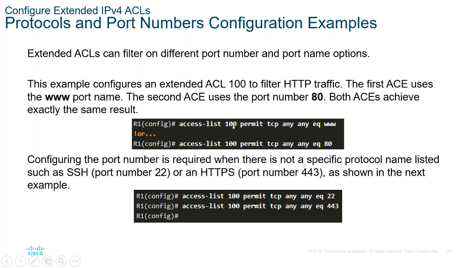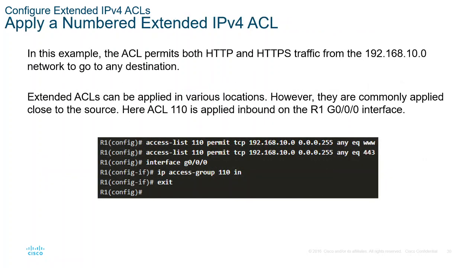So yang ni start from 100 to 199, and then you need to use permit, deny ataupun remark, and then you need to choose traffic, sama ada IP, TCP, and then we have source address, source wildcard mask, destination address, destination wildcard mask, equal to type of traffic. For example, www is for web, ataupun you can use port 80 lah. So there are two options untuk kita buat.